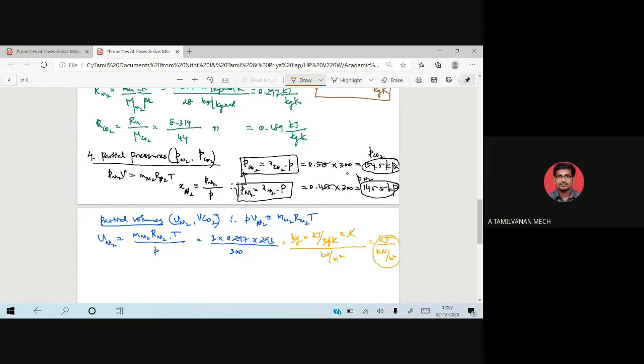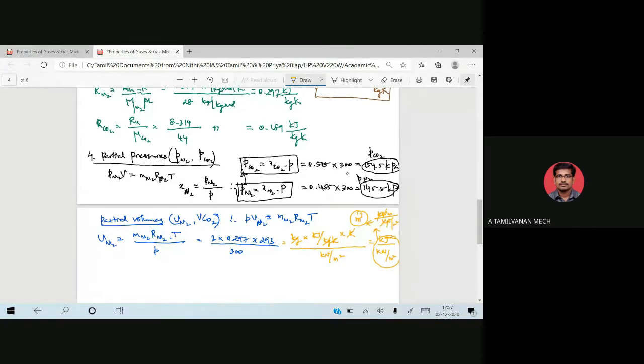Joule can be written as Newton meter, divided by kilonewton per meter square. Finally, kilo gets cancelled, Newton gets cancelled, and you get meter cube. So the volume comes in terms of meter cube.